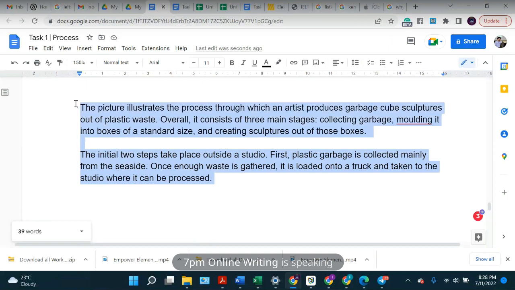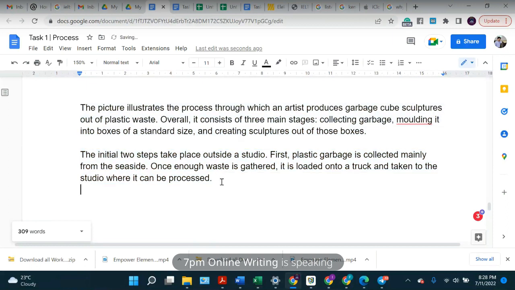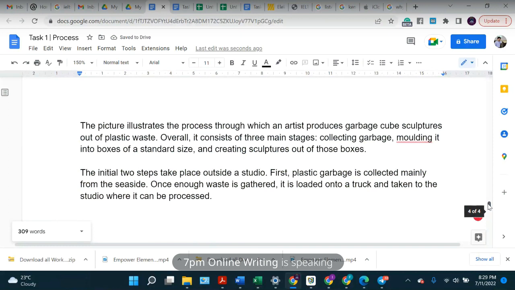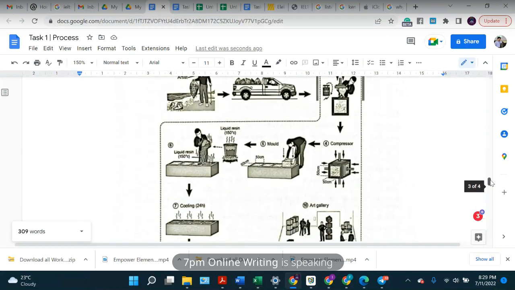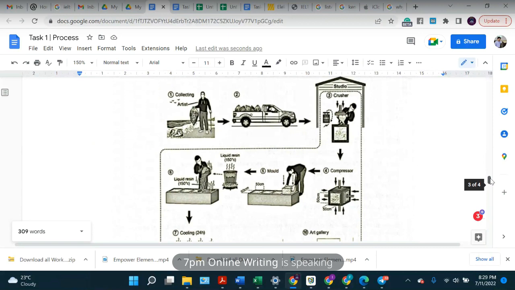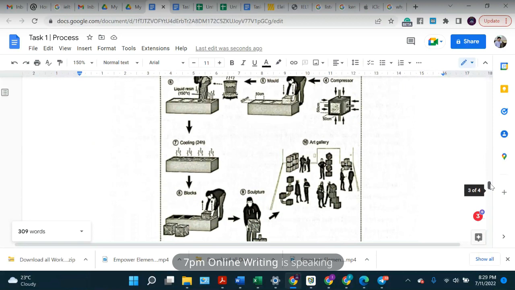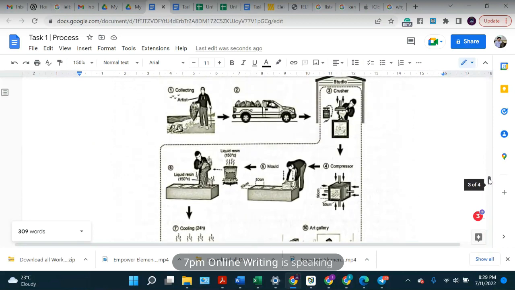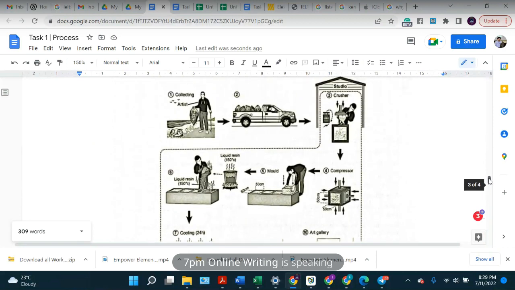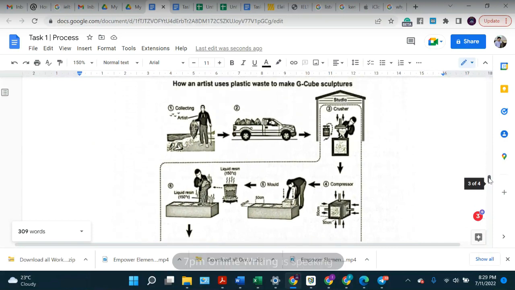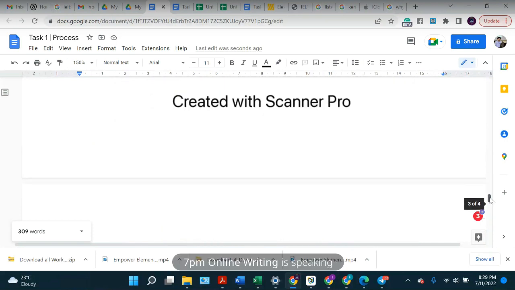We got about 80, so maybe 70 more. Now everything else takes place inside the studio, maybe except for the art gallery. So we would start.